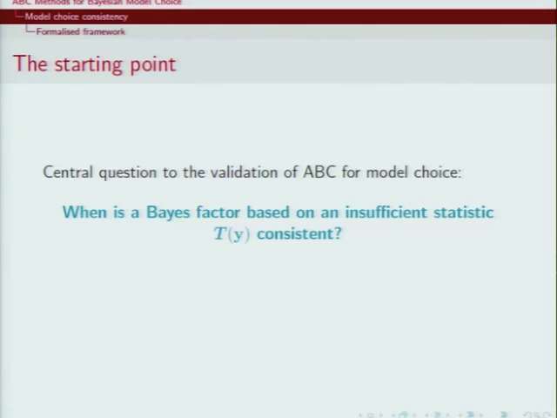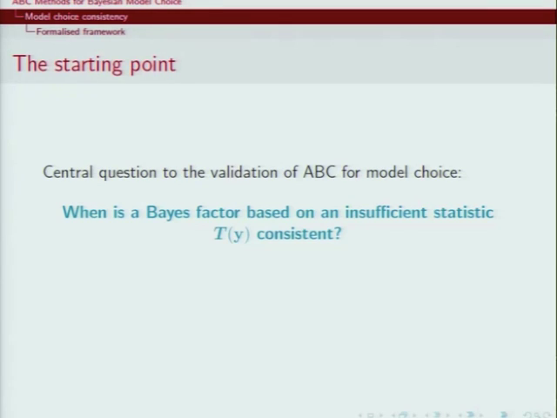Namely, we have to wait for the data to grow to infinity with no Monte Carlo error and no tolerance in ABC. So we are just pushing very far from the practical case. But surprisingly enough, the conclusion we get on the summary statistics are of practical value, which you have to wait to the end to believe. So you have to bear with me through a few slides of math.